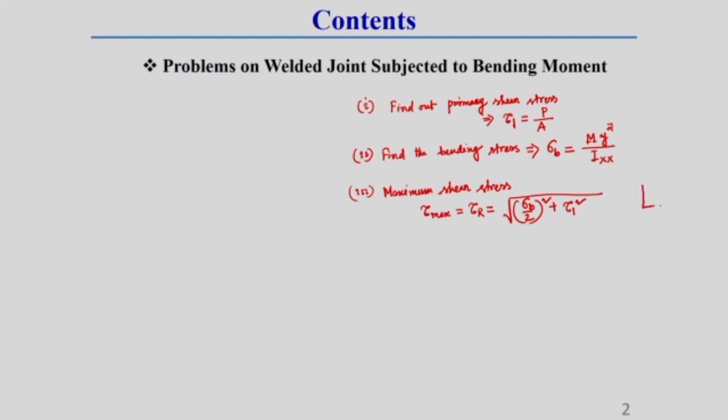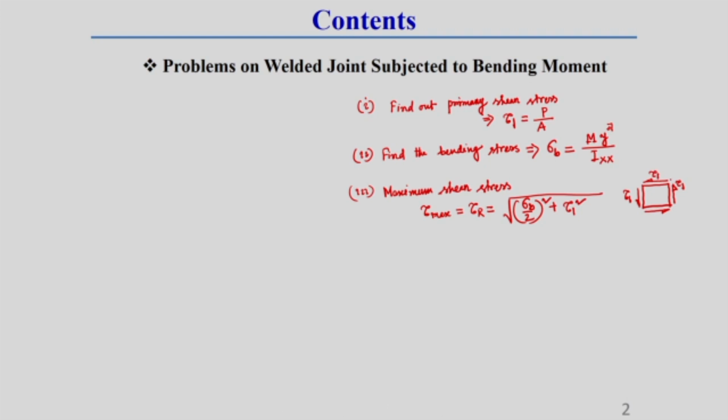Here the state of stress of an element of the weld is tau 1. We know this element should be balanced, so if tau 1 acts in the upward direction, then to balance this, since it is a self balanced type of stress, there will develop a clockwise type of moment on the top and bottom sides.